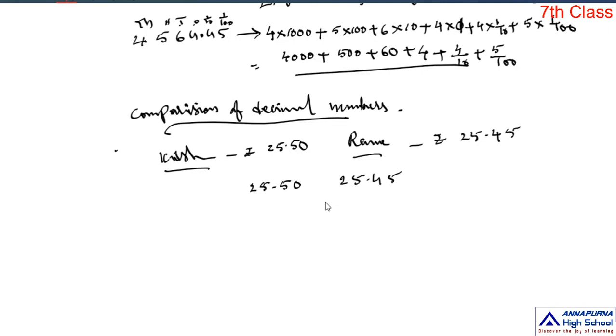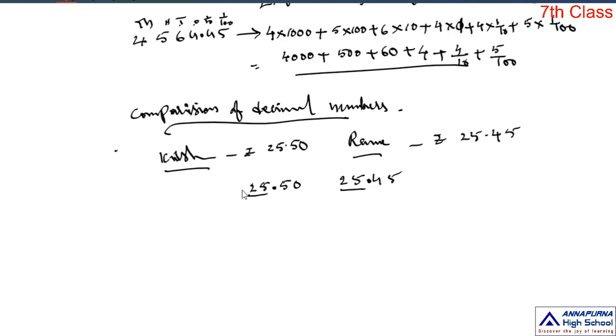Now you compare these two decimal numbers. To do this, first compare the digits on the left of the decimal point. So this is the decimal point. What is on the left of the decimal point? We have 25. Here also, left of the decimal point, 25.